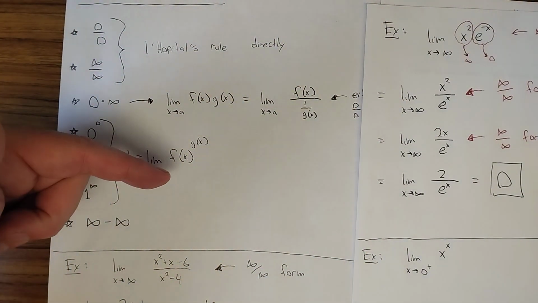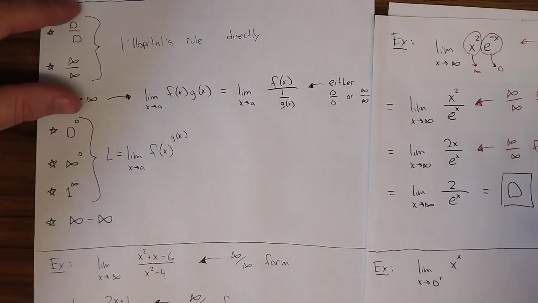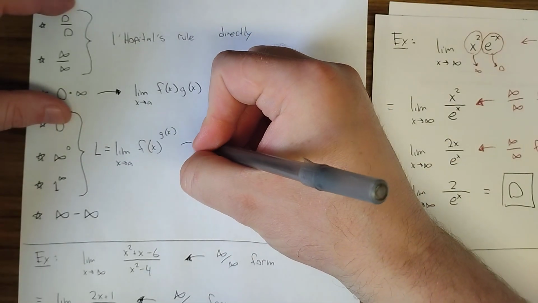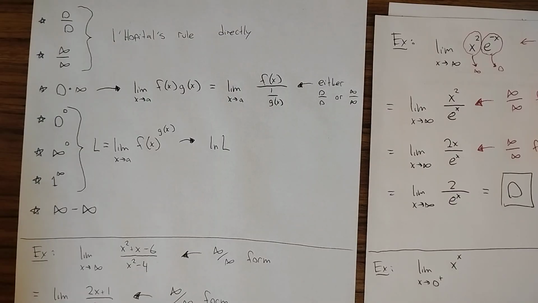So I'm doing some function raised to the power of some other function, and I'm going to call this limit L. The trick is I'm going to do the natural log of both sides.